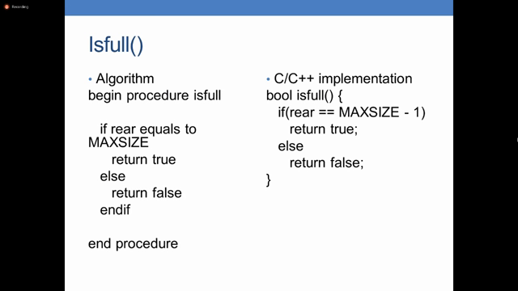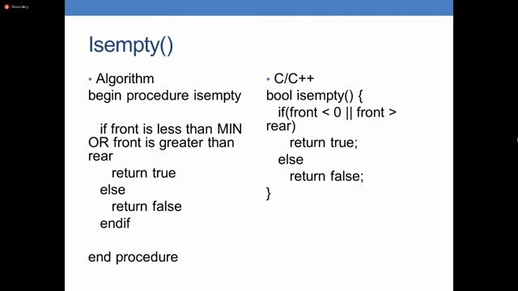If it returns true, then you can't enqueue elements to the queue. That means it's full. Otherwise, it's not full. Then isEmpty: if front is less than min or front is greater than rear, then return true, otherwise return false.